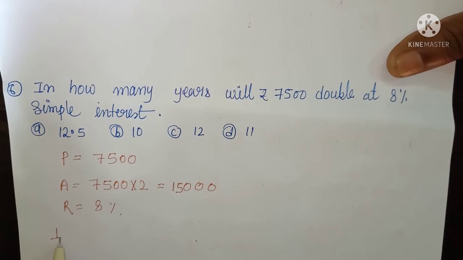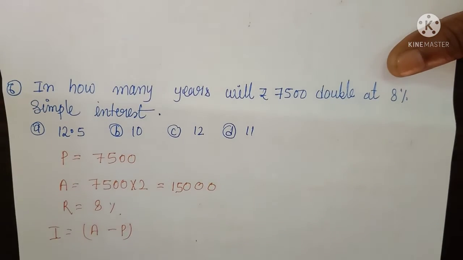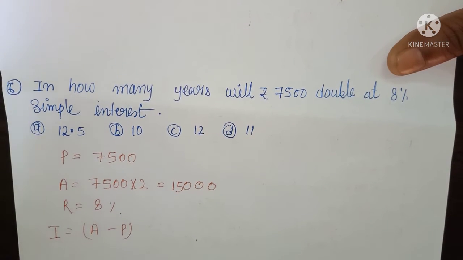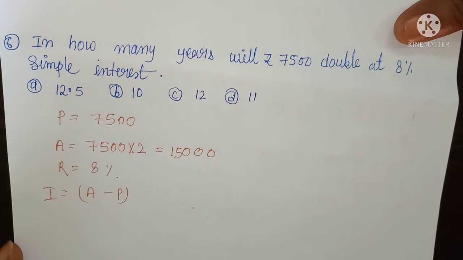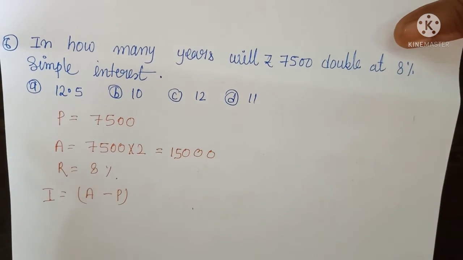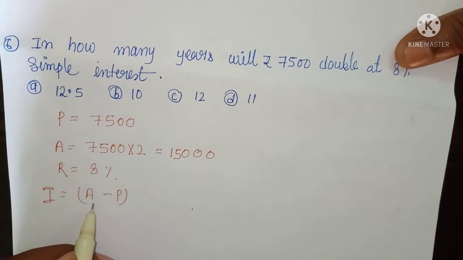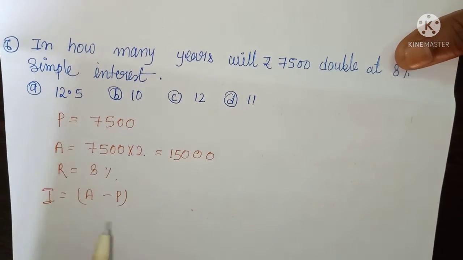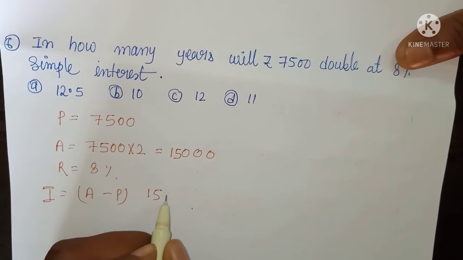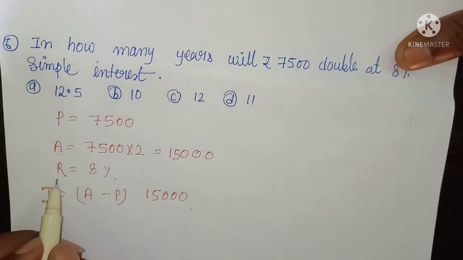And we know very well that interest is equal to amount minus principal. If you get any kind of problem with this question, you can see my previous video from the start, where I explained what profit and loss and simple interest are, what principal and rate are. All things you will get in my previous video, so don't forget to watch. Now interest formula: amount minus principal becomes interest. Here A means amount, P means principal, R means rate.